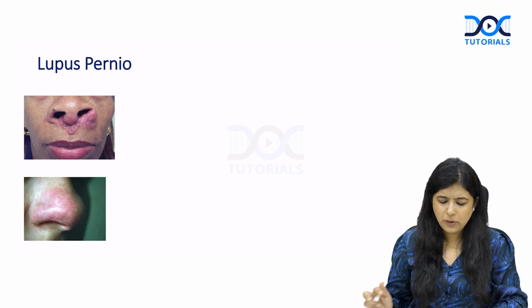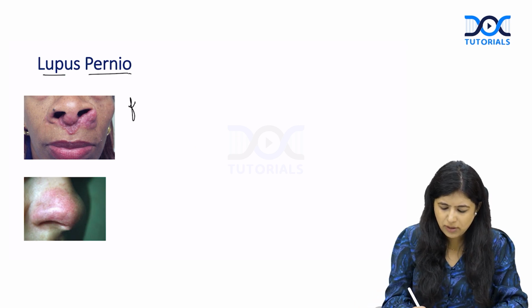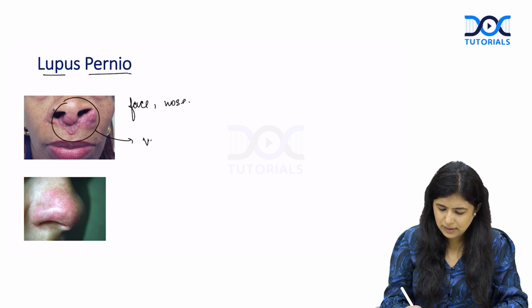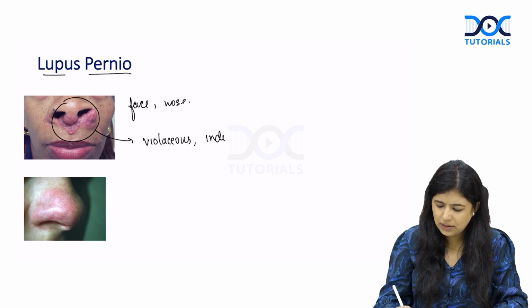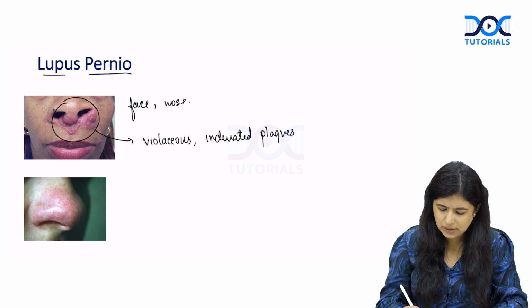Another form on the skin that you have to read is lupus pernio, which is seen on the face around the nose. What you see here are violaceous indurated plaques. So these are purplish indurated plaques on the nose with telangiectasias on the surface.